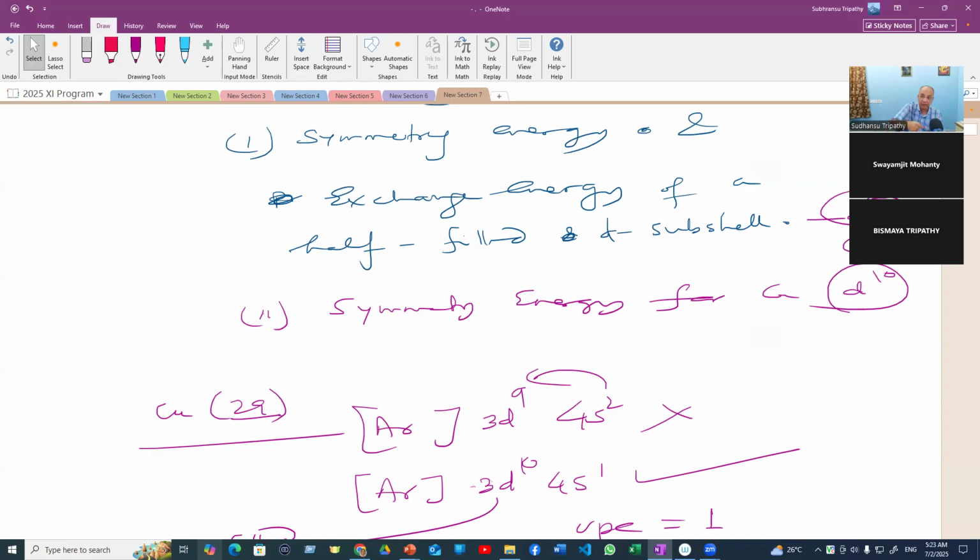And when we start the 5d series, in which tungsten comes, there will be very, very few anomalies because of some quantum mechanical effect, which I will tell you later in a very general way. A very interesting effect comes into force while you enter into sixth period elements, seventh period elements.